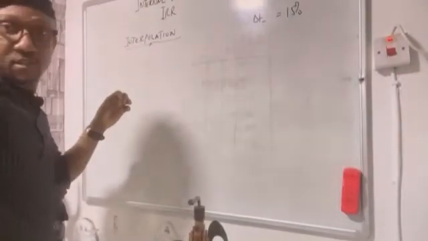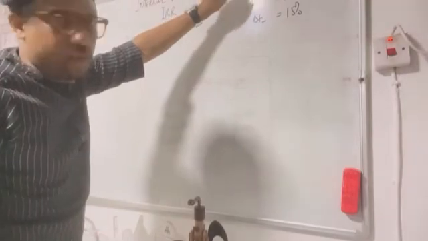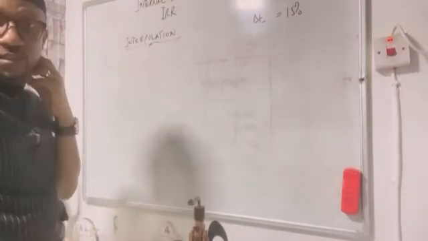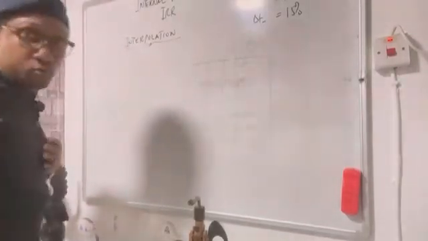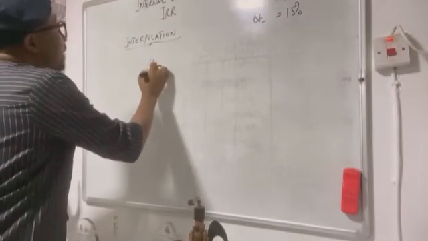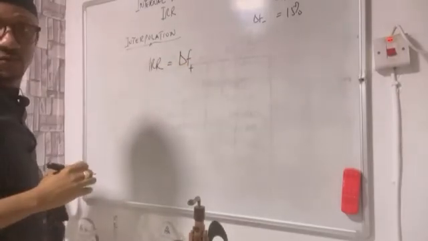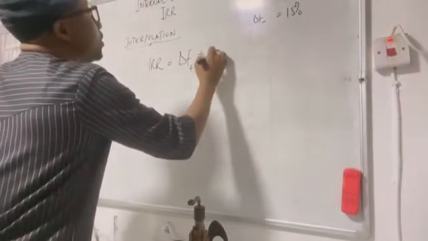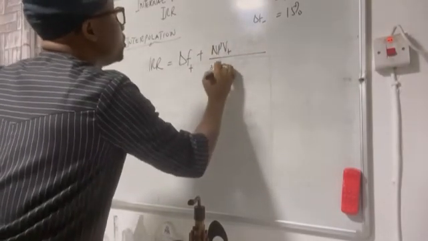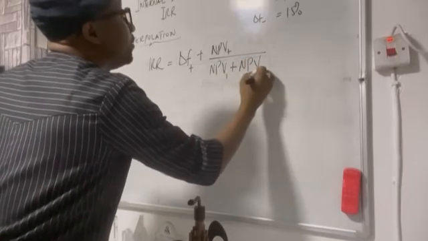Now that I have the two NPVs, one positive and one negative, and I know the discount factors that gave me these two NPVs, the next thing for me to do is to interpolate. By interpolating, I will get my IRR to be the discount factor that gave me the positive NPV plus the positive NPV divided by both NPVs added together, NPV1 and NPV2.